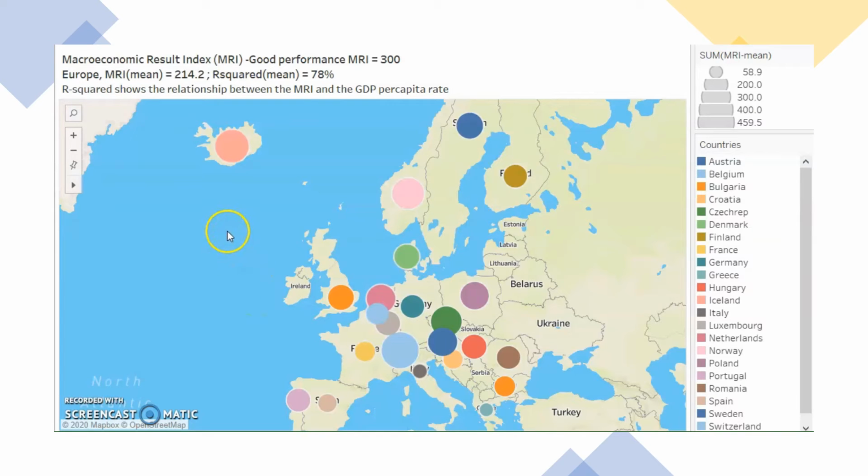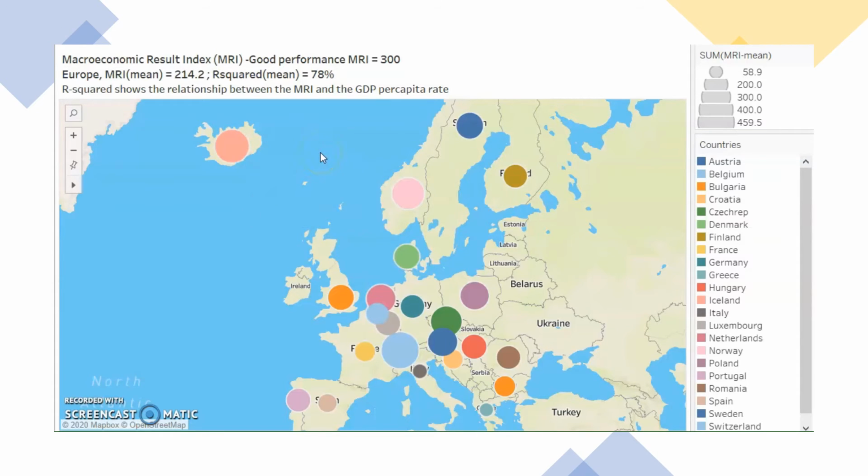Also, most of the countries in Europe show a high R square between MRI and GDP per capita growth rate. And from Iceland, Sweden, Norway, and Czech Republic, Austria, Switzerland, Italy, Spain, Portugal. Okay, the size of the bubble is related to the MRI.